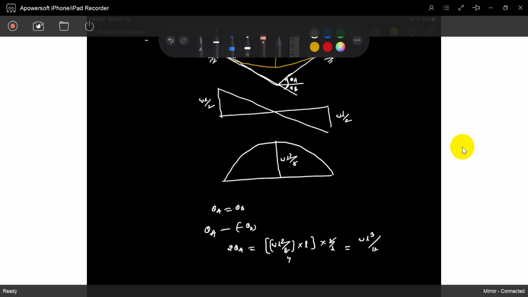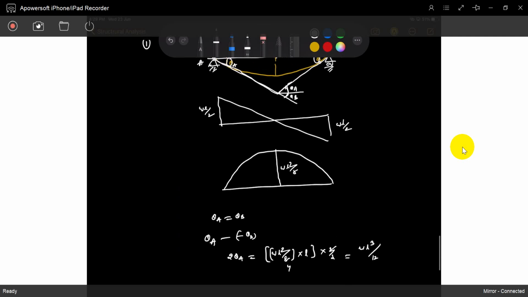WL square by 8. And also one thing, you have to maintain EI divided by it. 2/3 is the area. So what is the area? WL square by 8, this is the 2/3. 2 by 4, 4 by 12 EI.